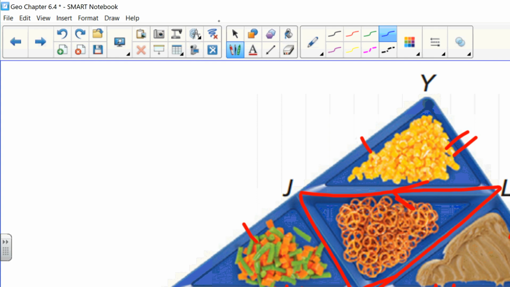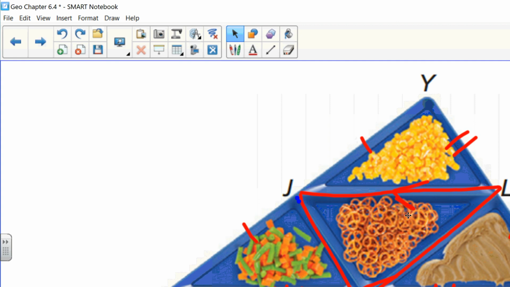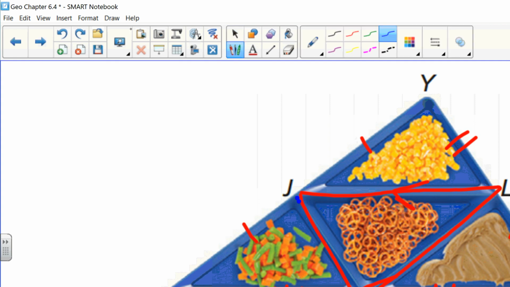Any questions on this so far? Now the side that would be parallel to JK would be YZ, because the third side and its mid-segment are going to be parallel to each other.